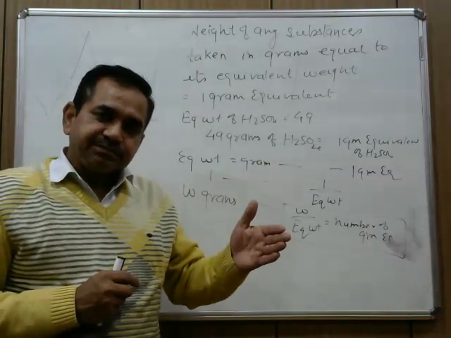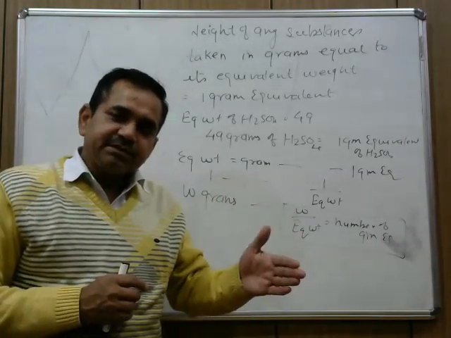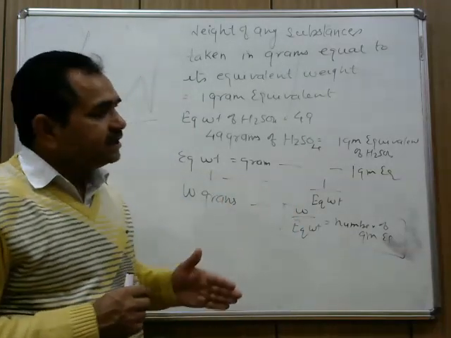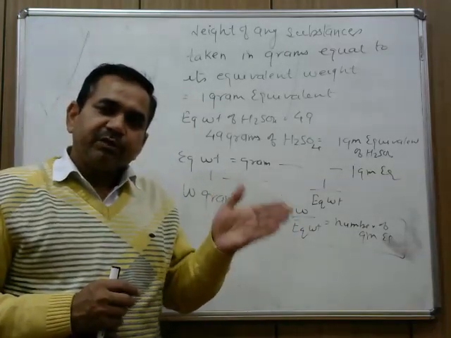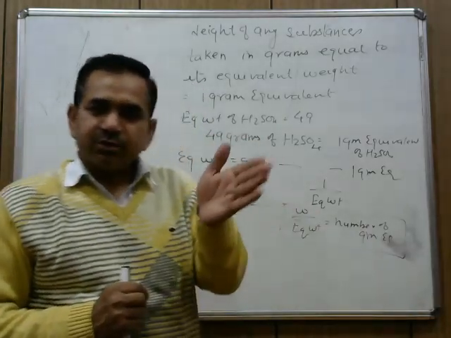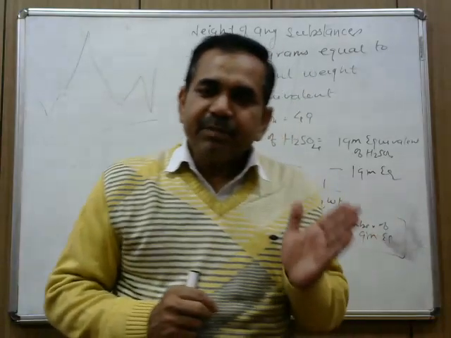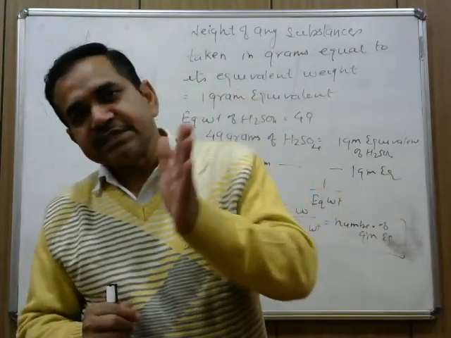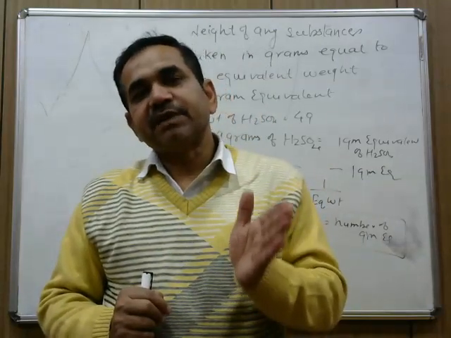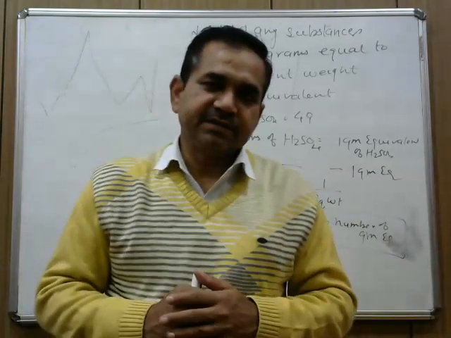Equivalent weight of any substance is defined as its weight that is required to react with 1.008 parts by mass of hydrogen, or to replace 8 parts by mass of oxygen, or 35.5 parts by mass of chlorine.